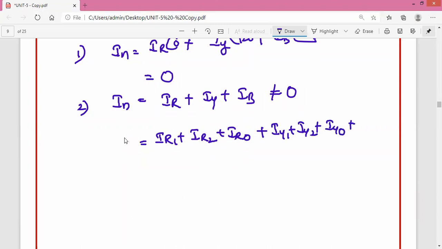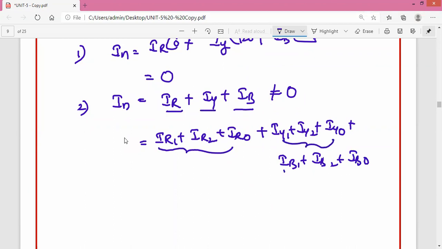Similarly, IB1 plus IB2 plus IB naught. So each phase I have represented with a set of three balanced parameters.